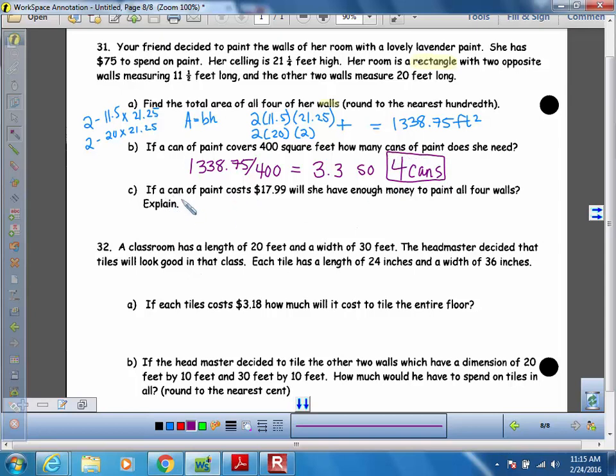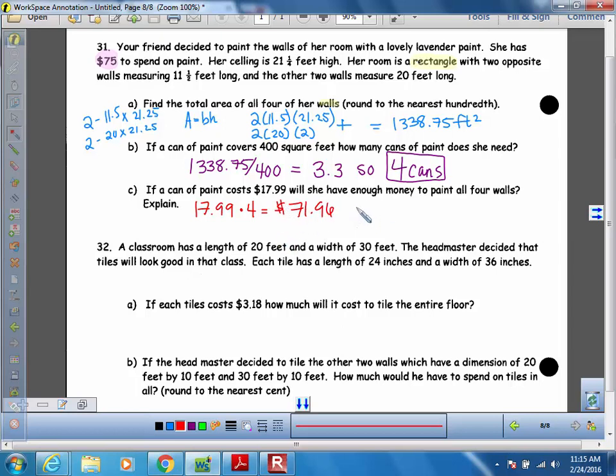Then it asked me if a can of paint costs $17.99, will she have enough money to paint all 4 walls? So she started out with $75. So if she needs 4 cans and they're $17.99, then we're going to do $17.99 times 4, and that would give me $71.96.